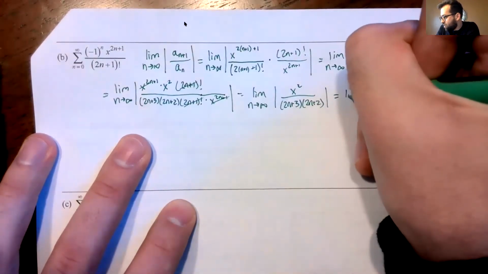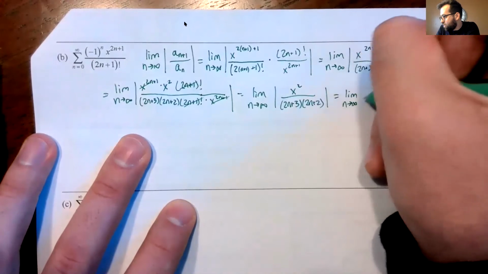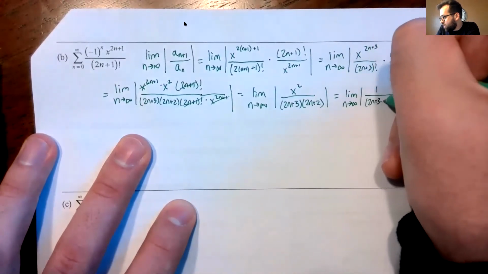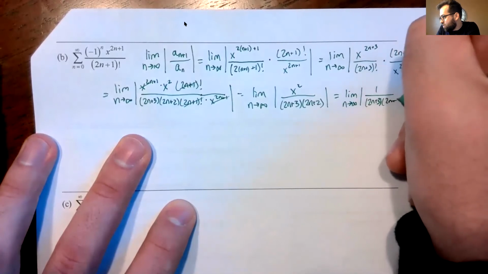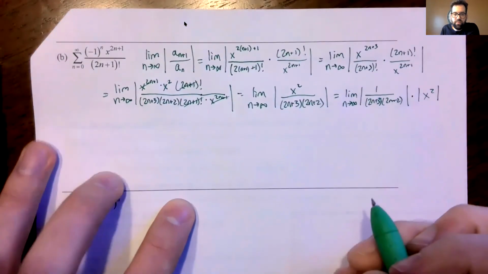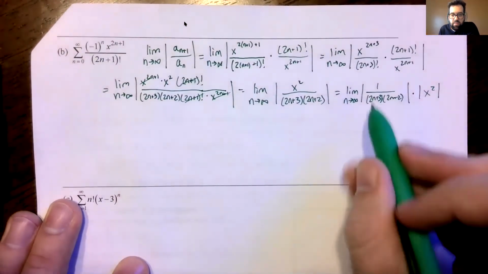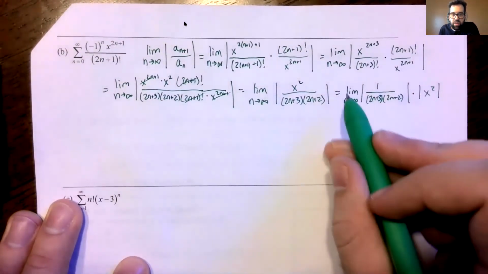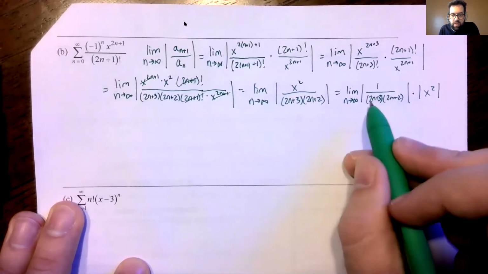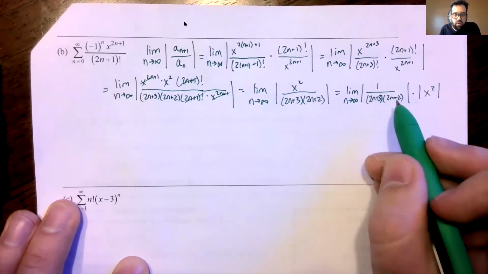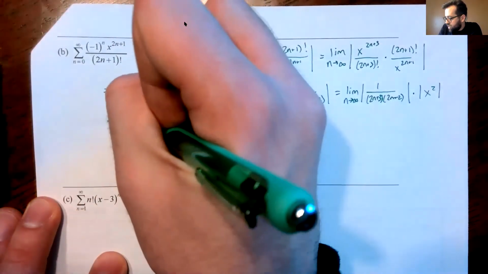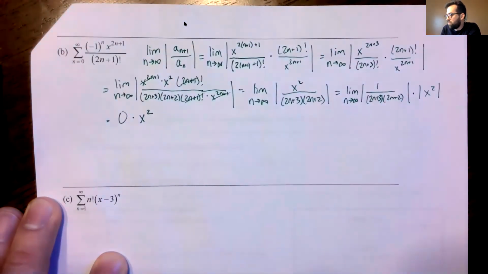So we have the limit as n approaches infinity of 1 over 2n plus 3 times 2n plus 2 times x squared. So we've got the n portion and the x portion separated, so the limit only applies to the n portion. As n approaches infinity, our denominator is going to keep growing, so this is really going to equal 0 times x squared.